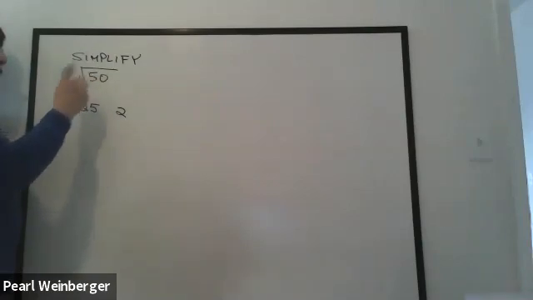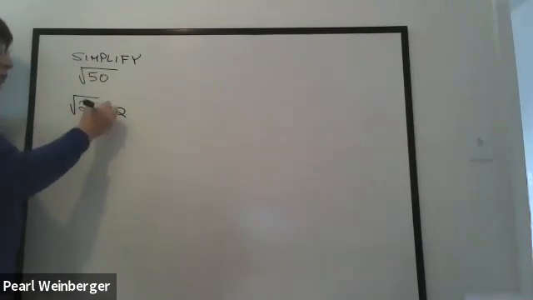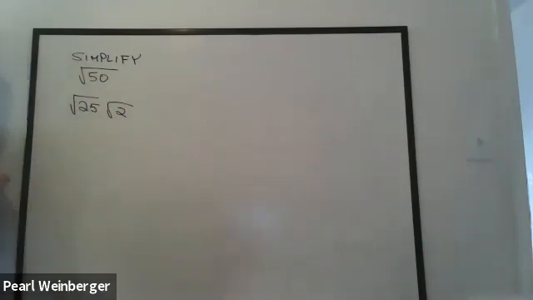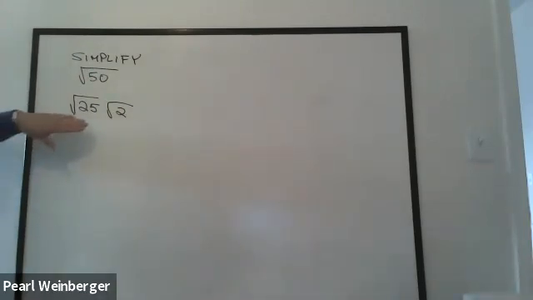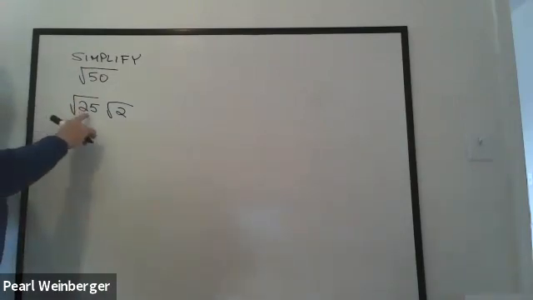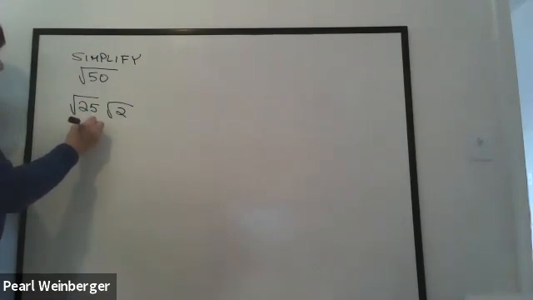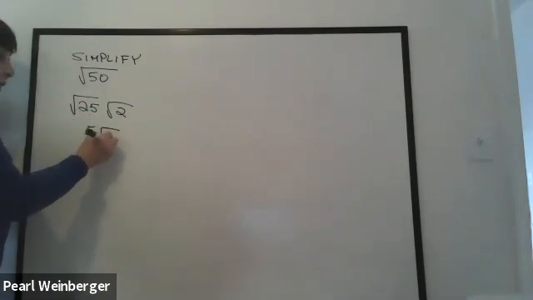So the square root of 50 is really the square root of 25 times the square root of 2. Just split it up. One part has to be a perfect square, and the part that's a perfect square, I always put in the front. Now I can go, oh, the square root of 25, I know, that's 5. So this becomes 5 radical 2.